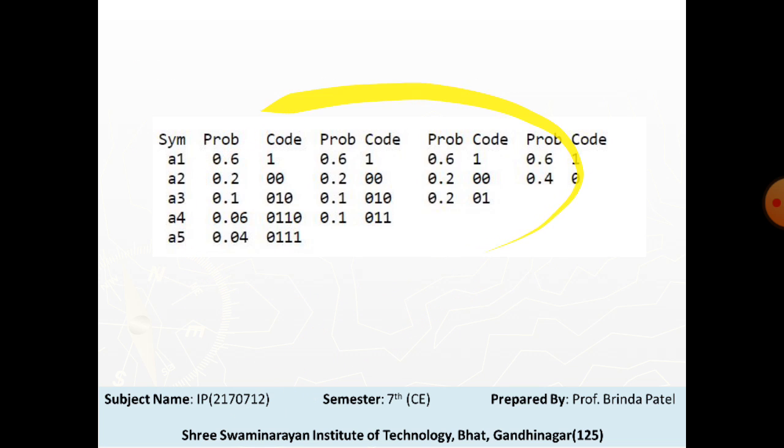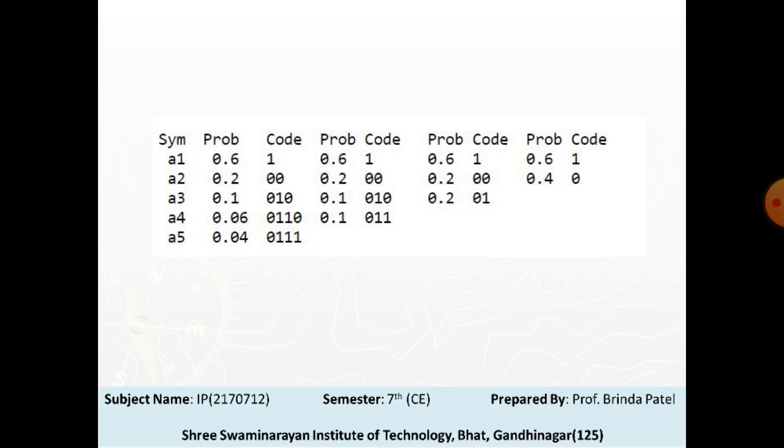The two symbols with the lowest probability are repeatedly combined until only two are left. The symbols left over here get codes like 0 and 1.